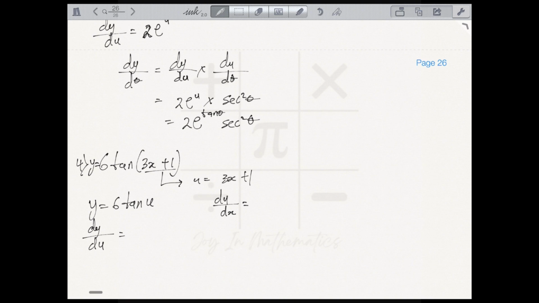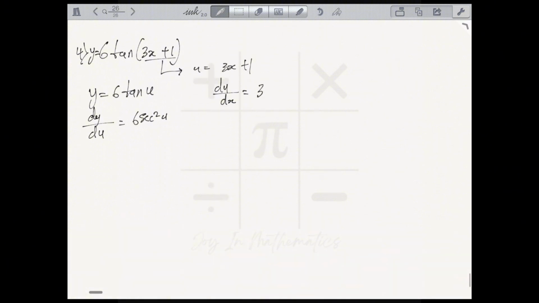Now evaluating dy/du, we have 6 sec square u, because differentiating tan u will give us sec square u, and differentiating 3x plus 1 will simply give us 3. Therefore our dy/dx is equal to dy/du multiplied by du/dx, and that is 6 sec square u multiplied by 3.